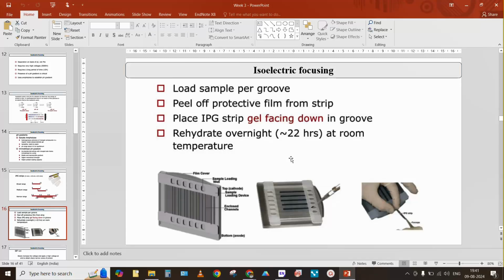So these are some pictorial steps for isoelectric focusing. Load the samples, then peel off the protective film from the strip. Then in the second image, as you can see, you place the IPG strip gel facing down in a groove, then rehydrate overnight, more than 22 hours, at room temperature.